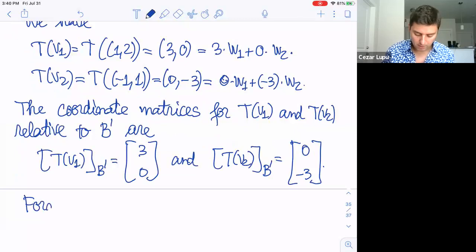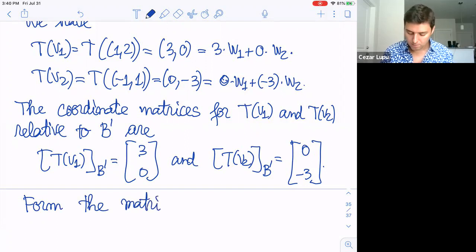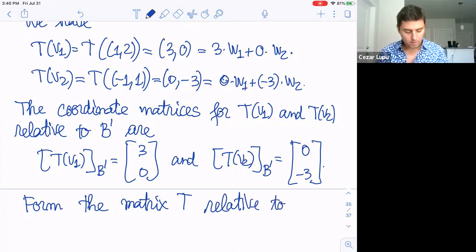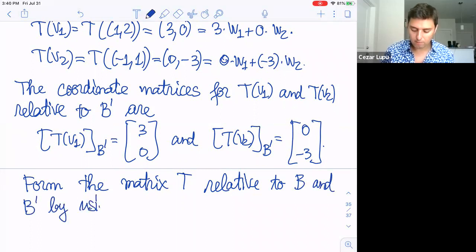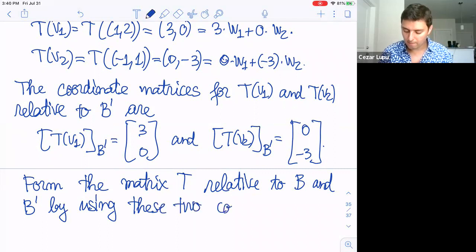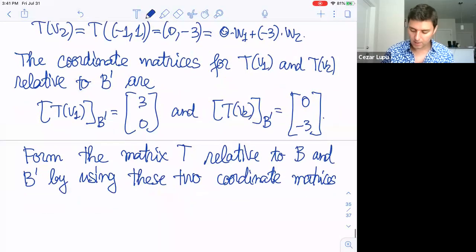So now we form the matrix of T relative to B and B prime by using these two coordinate matrices as columns.